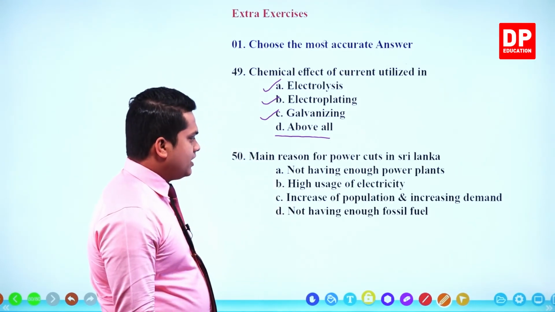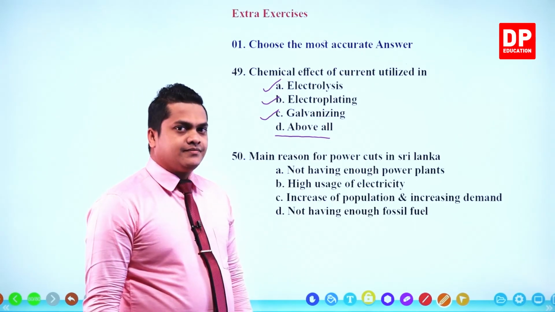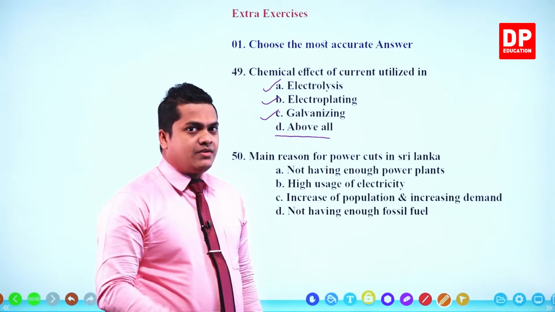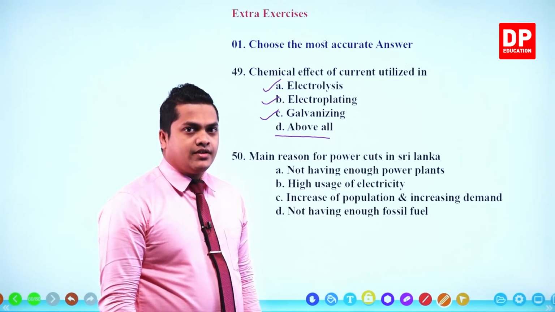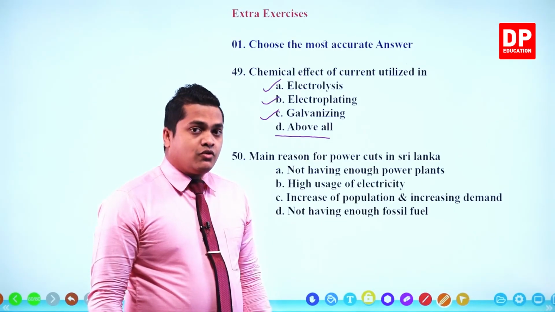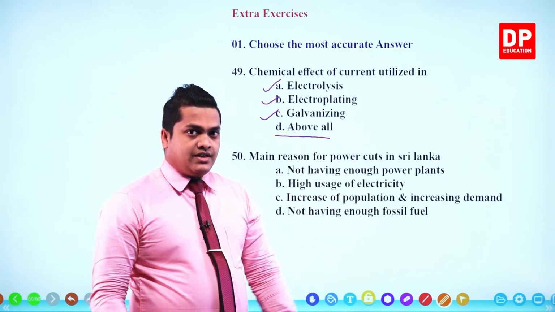Number 3, increase of population and increase in demand. A wonderful answer, right? Why is there not enough power plants? Because of high consumption, or high usage of electricity.